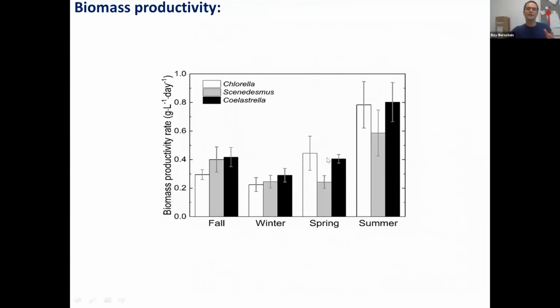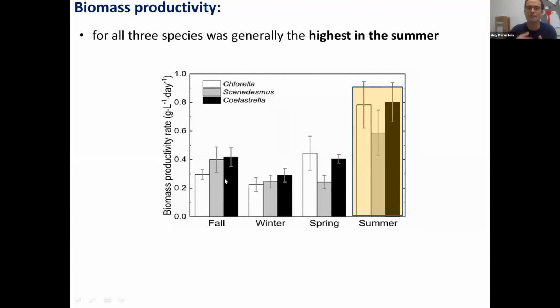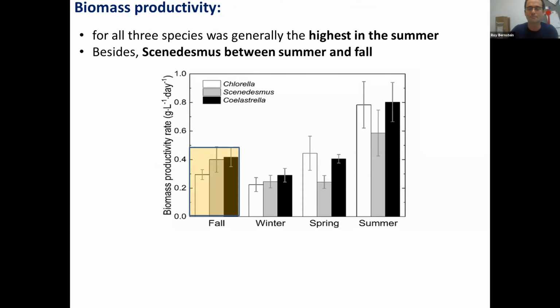So what we could find is the following. What you see here is the biomass productivity rate for the 3 species for the different seasons. First of all, as shown, obviously the summer had the highest biomass productivity. And as expected, the fall was relatively low, and in the winter it's even lower.